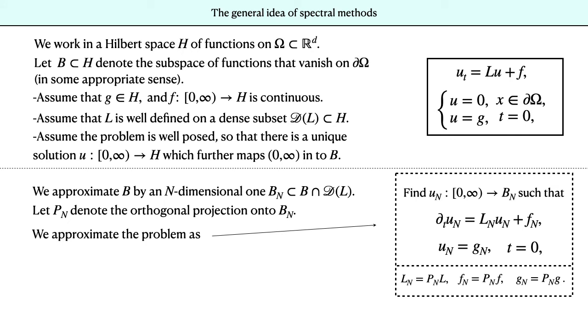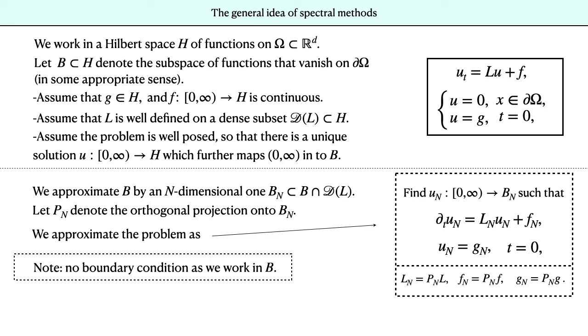It's the exact same problem, except now we want to find a function u_n which maps into B_n, the finite dimensional space, and we replace f and g by their projections down onto the space B_n. And the same goes for the operator L, which has been composed with the projection operator. Now, we've dropped the boundary conditions, and that's because since we're working in B, all the objects satisfy the boundary conditions.